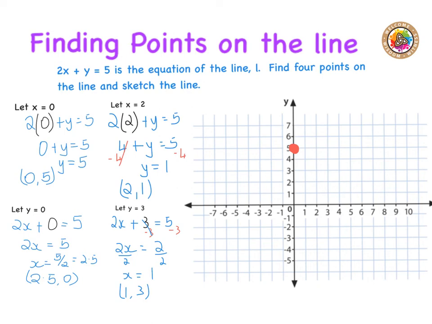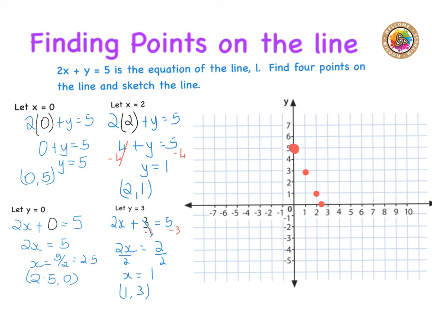So that is just there. The other one that we had was 2 on the x-axis and 1 on the y-axis, which is just there. And the next one that we had was 1 on the x-axis, 3 on the y-axis.